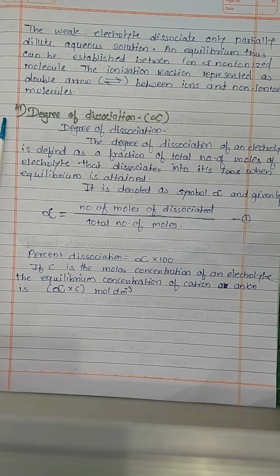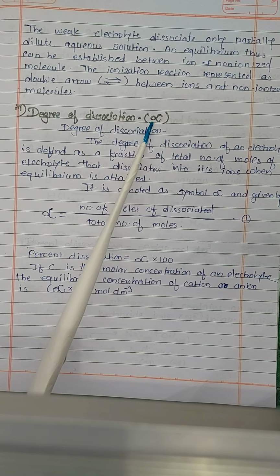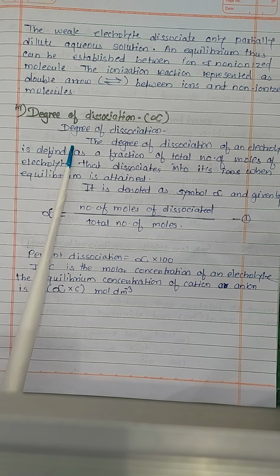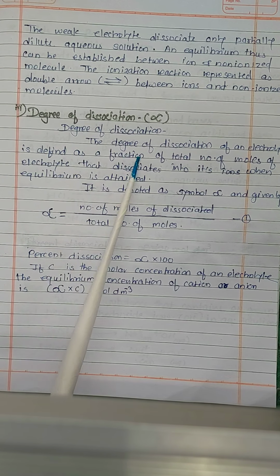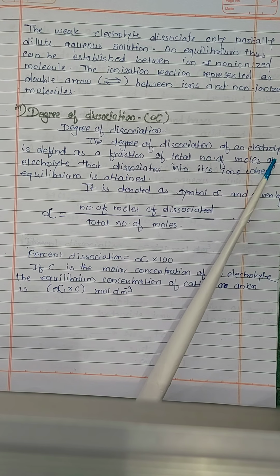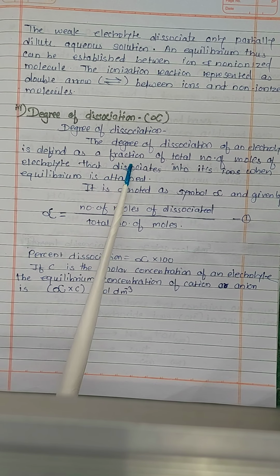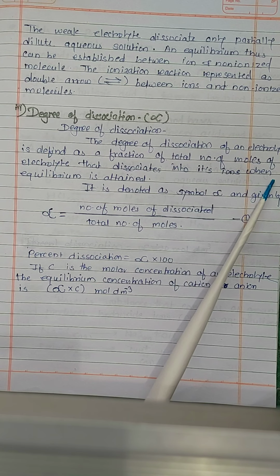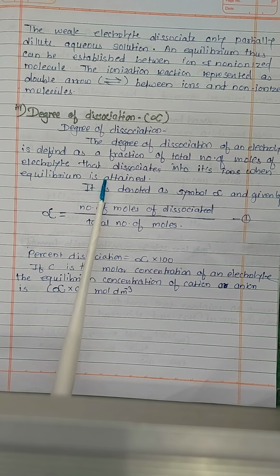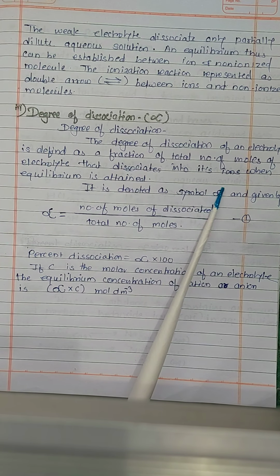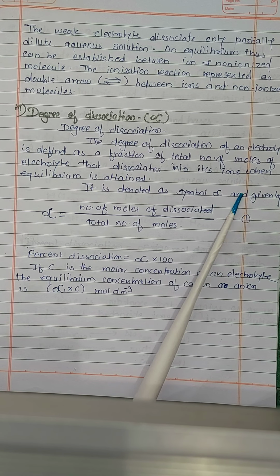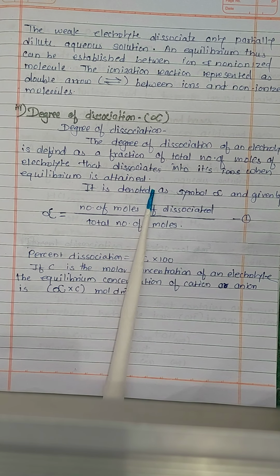Then the third point is degree of dissociation, which is denoted as alpha. Degree of dissociation of an electrolyte is defined as the fraction of the total number of moles of electrolyte that dissociate into its ions when equilibrium is attained.